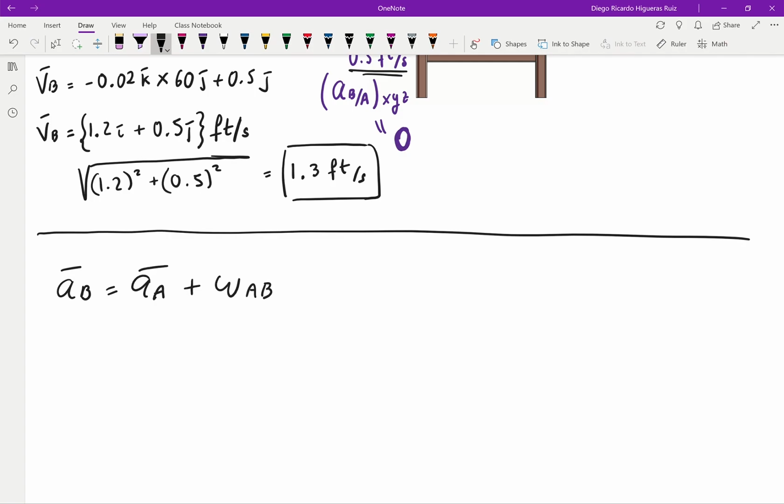It's very important for you to know what every single term in this equation is, because that's going to allow you to solve any of these types of problems.